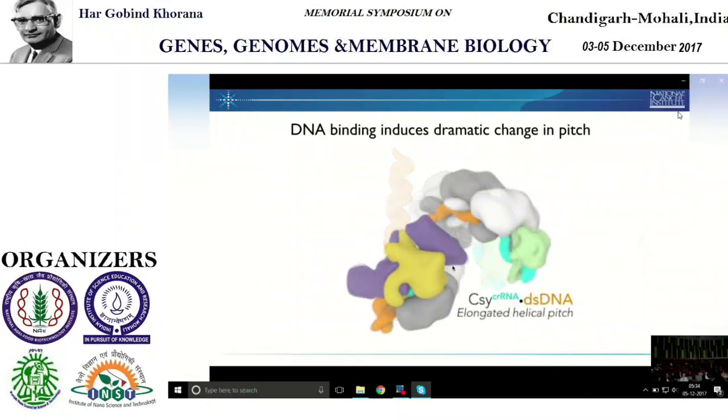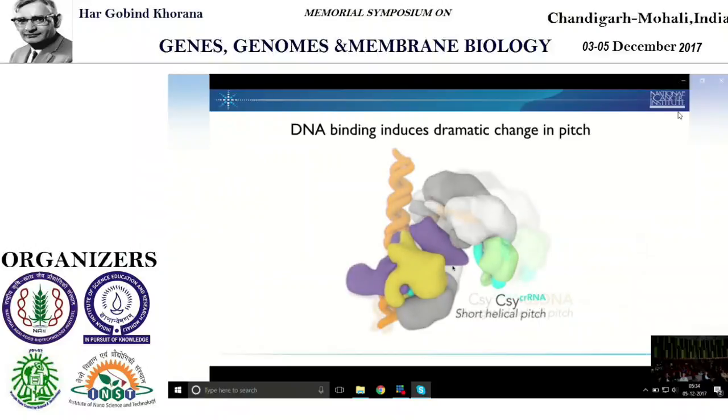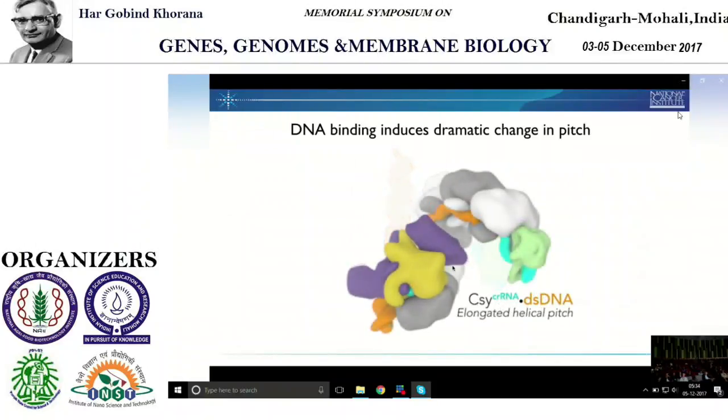What we've shown now is that the binding of DNA leads to this dramatic change in shape. Essentially, you can think of these complexes as being in a quiescent state until DNA arrives. And when the right DNA arrives, it's recognized by the PAM motif, it opens out the structure, and then it leads to a nuclease that cleaves the DNA.